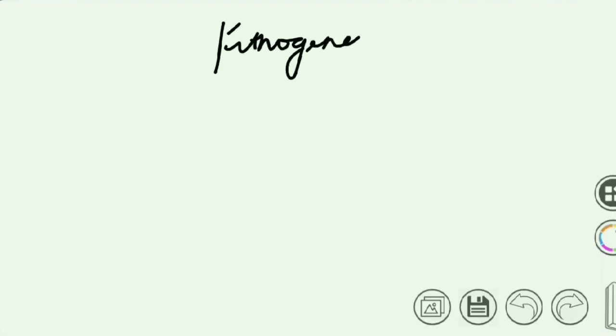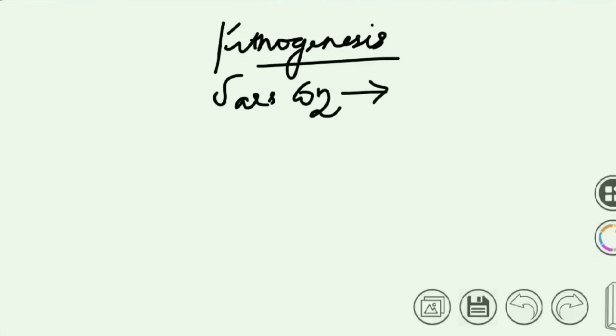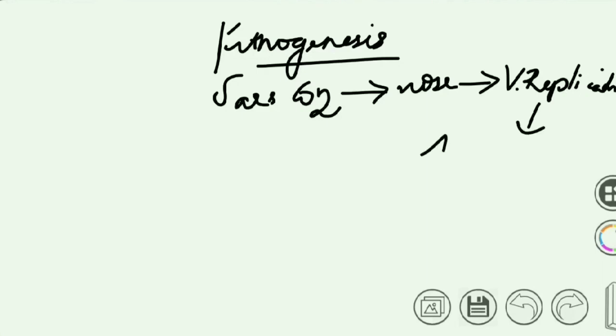So the SARS-CoV-2 virus is going to enter your nasal cavity and replicate. Then through the ACE2 receptor it is going to enter your cells.